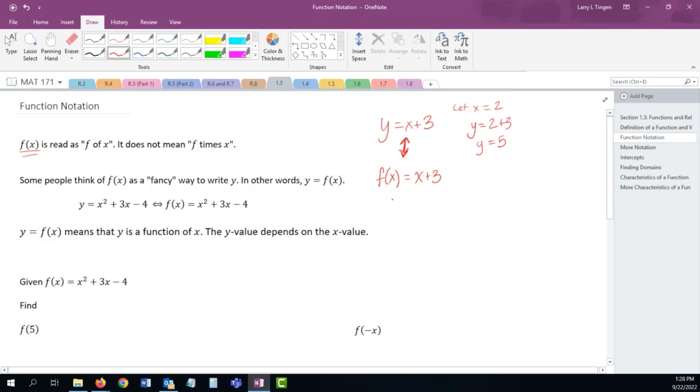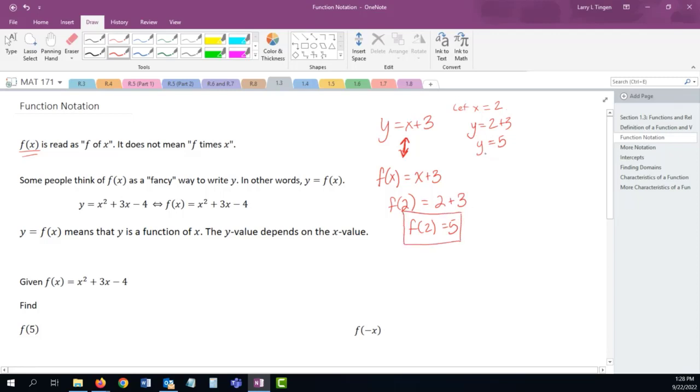So instead of having to write find y when x is 2, all I have to do is write f at 2. And that immediately means on the right-hand side of the equation, everywhere there's an x, you swap it out for a 2.